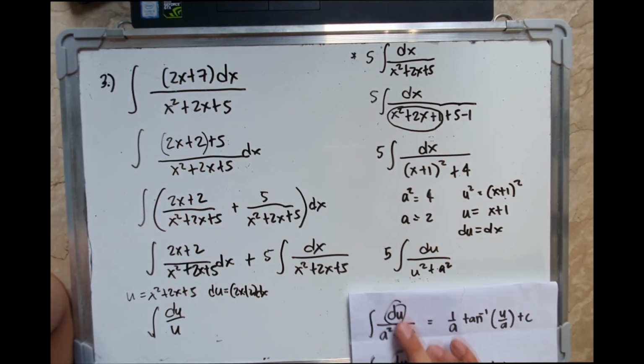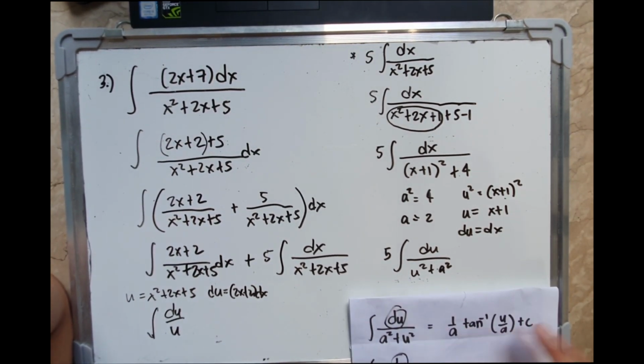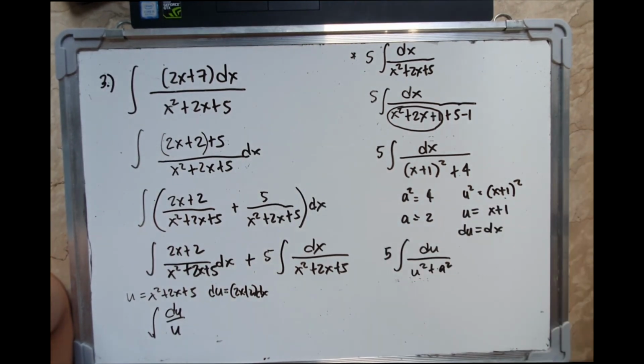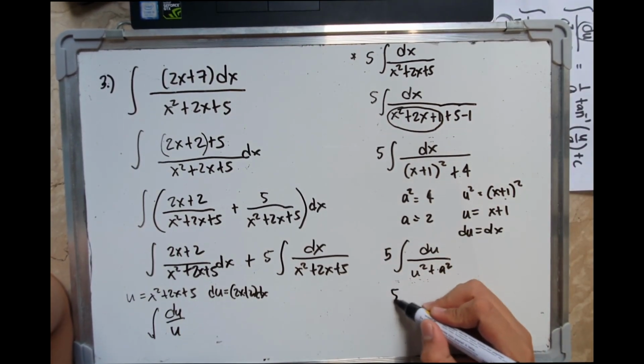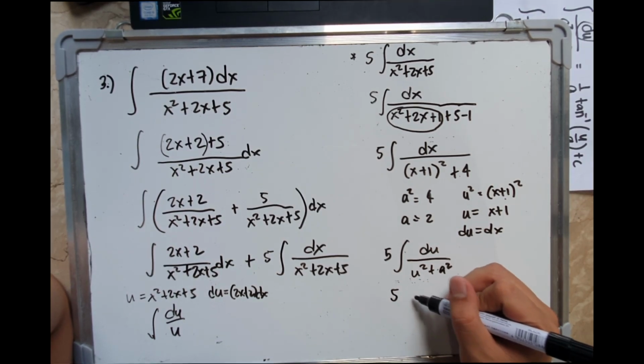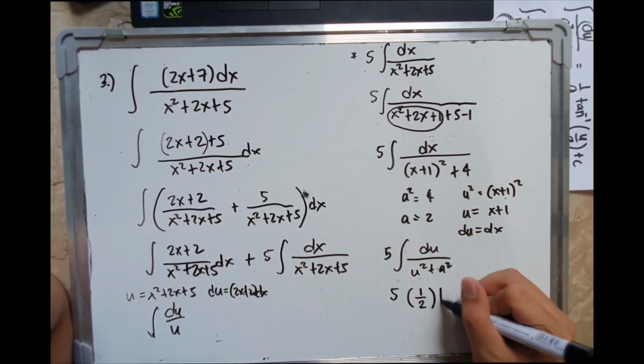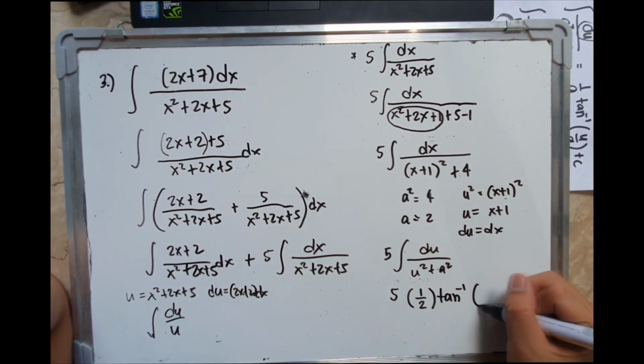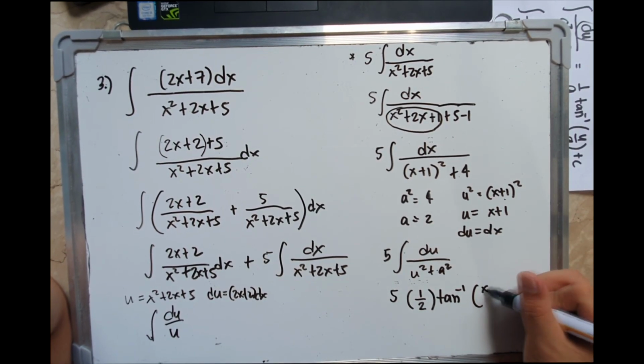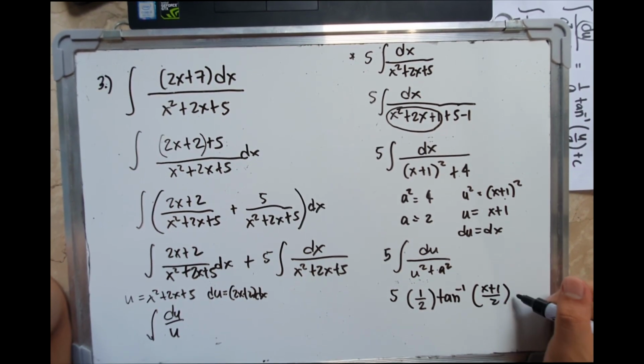The integral of du over a squared plus u squared is 1 over a times arctan of u over a. So this is 5 times 1 over 2 times the arctan of (x plus 1) over 2.